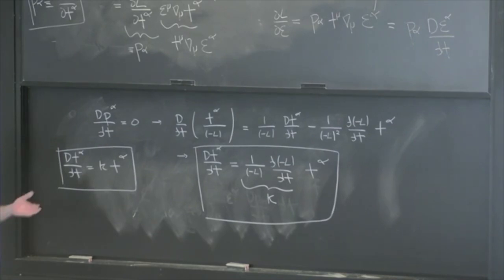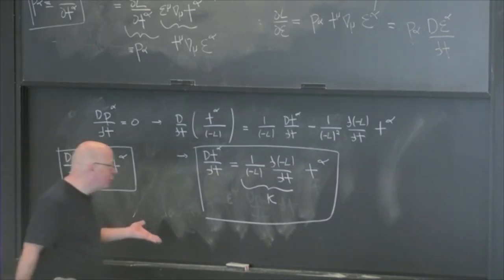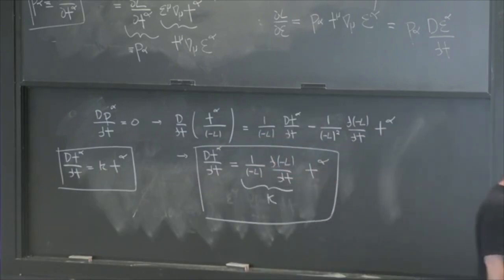But if at the end of the day we choose to simplify our lives by choosing proper time as the parameter t, then we can simplify this, and that's going to be my last step before we break for today's lecture.